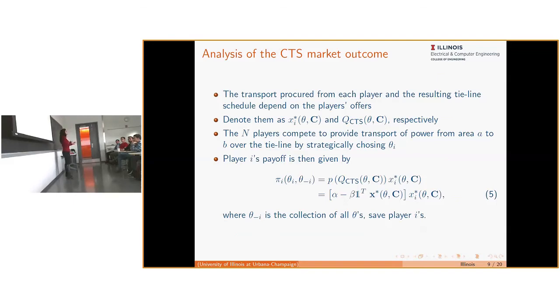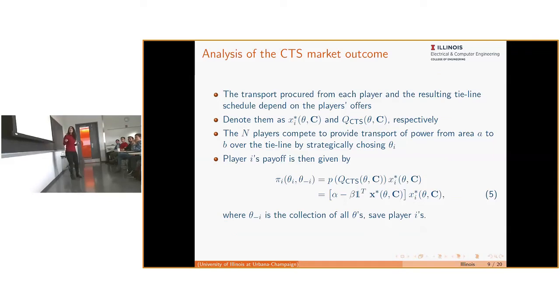The n players in this market act as suppliers that compete to satisfy the inter-area demand between area A and B, and their goal is to maximize their payoff, which can be expressed as the price spread that is realized at the CDS schedule multiplied with each individual reward of the market participant.